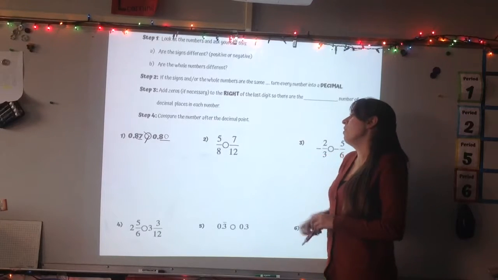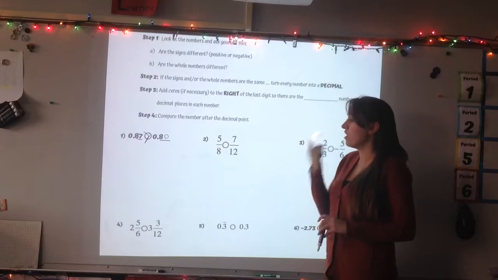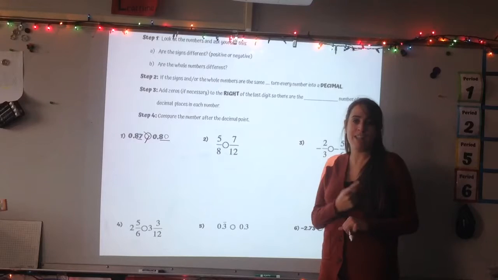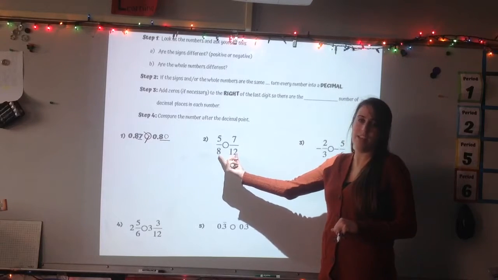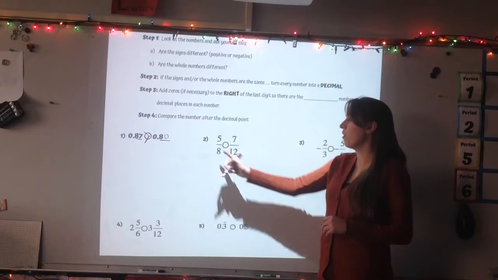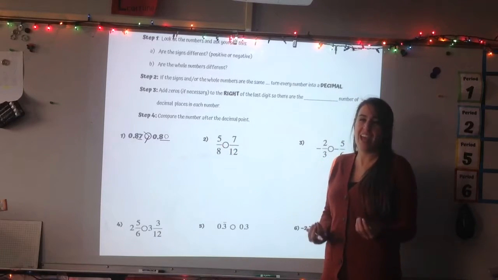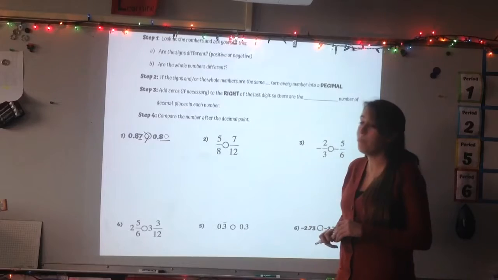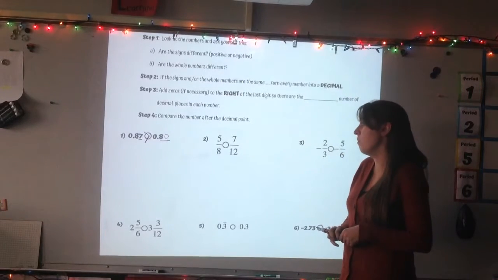The second example, we've got 5 eighths and 7 twelfths. First thing I'm looking at, is one of them positive and one negative? Nope, they're both positive. I'm looking at the whole number. There's no whole number with it, which means they both have a whole number of 0. So I have to actually compare them by converting them into decimals.